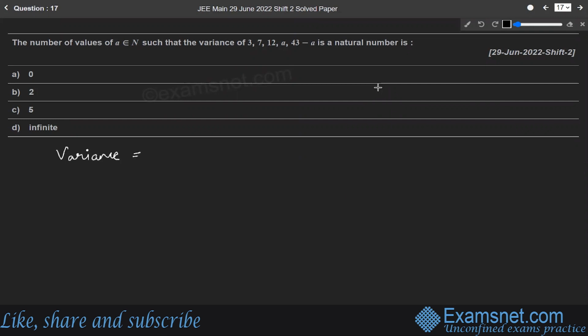Variance is equal to the summation of xi square upon n minus mean square. It means that to calculate the variance, we first need to calculate the mean. What is mean? Mean is basically the sum of all the observations upon the total number of observations. This is the basic formula to calculate mean.